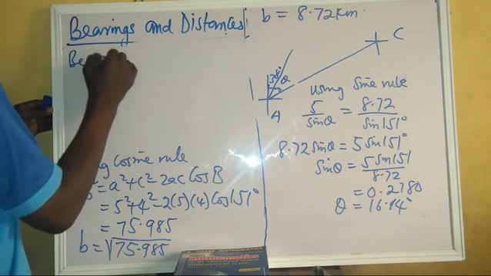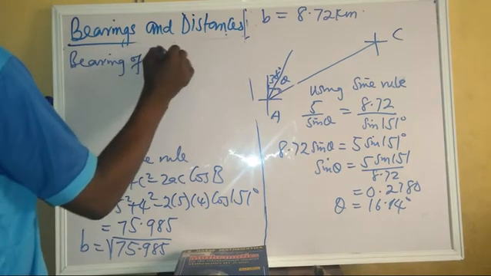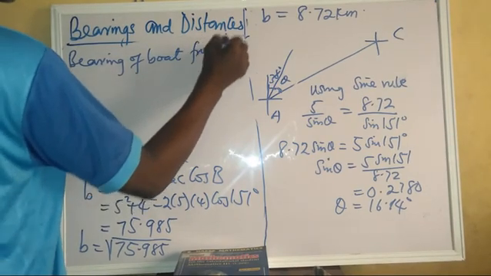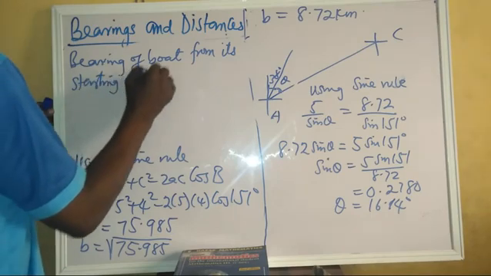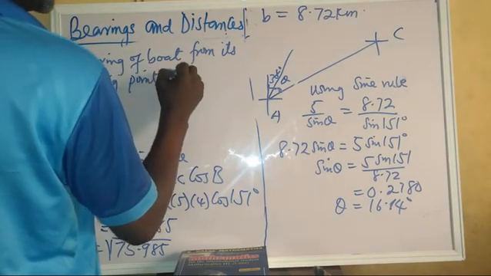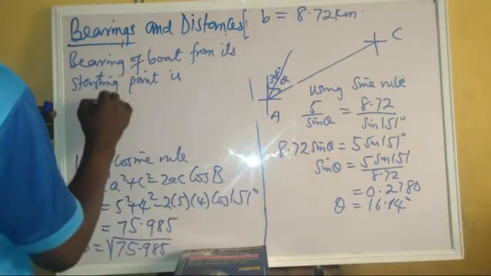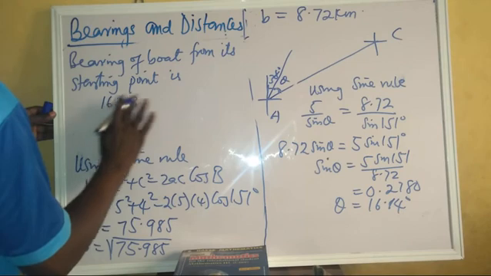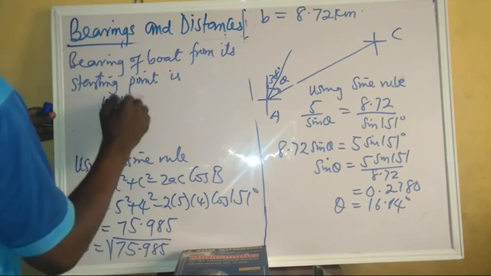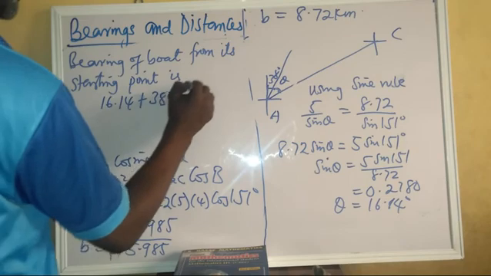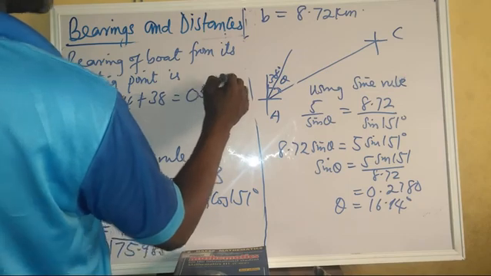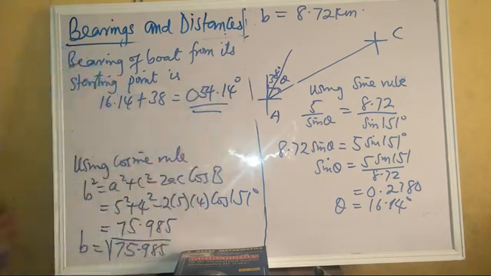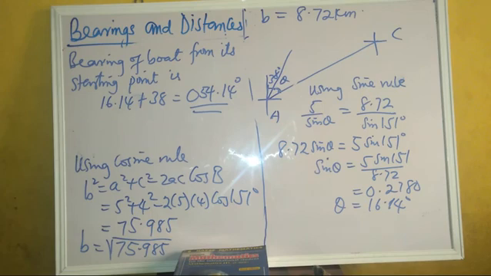Bearing of the boat from its starting point is 16.14 plus 38, which is 54.14 degrees. That's how to apply the sine rule and cosine rule to find the bearing and distance.